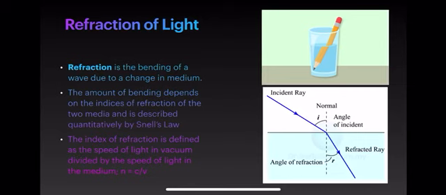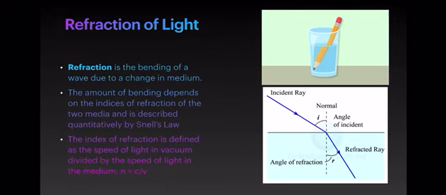So, refraction of light. If we look onto the picture here, we can see that the pencil looks broken inside this glass of water. And why is that? That's because of the refraction. What's refraction? It's the bending of a wave due to a change in medium.